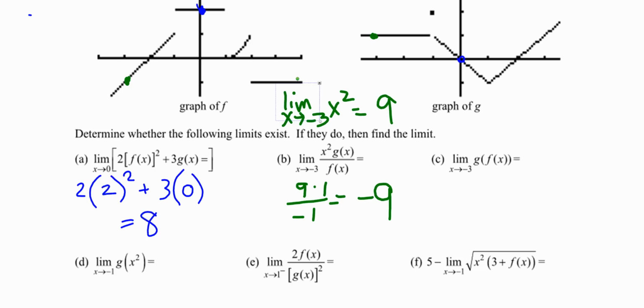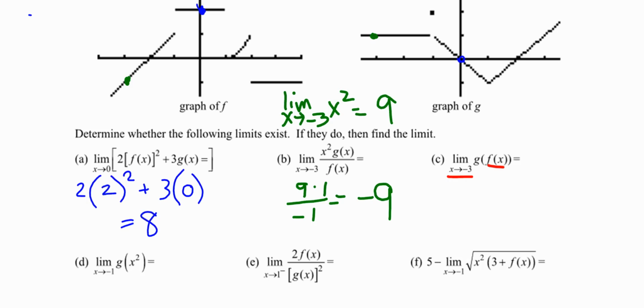Now, this is one that could cause some people trouble because it is a composition, and we can't just pull it out like this. It doesn't quite work that way. It's close, but not quite. All right, let me erase that. So what we have to do instead, we take the limiting value, x approaches -3 of f of x.